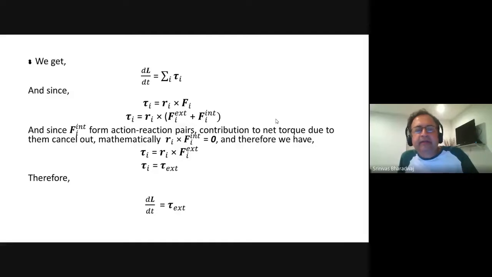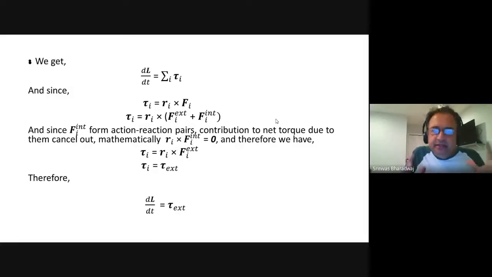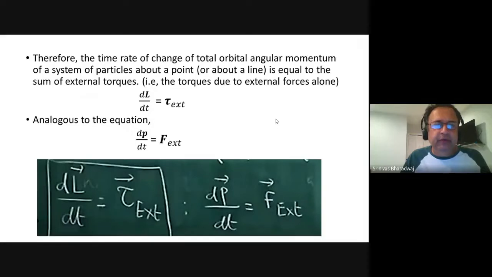What effectively happens is that inside a system of bodies having forces acting on each other, the torques due to these action-reaction forces will cancel out, and therefore it is only the external torque which leads to the change in the angular momentum. So dL by dt equals tau external.